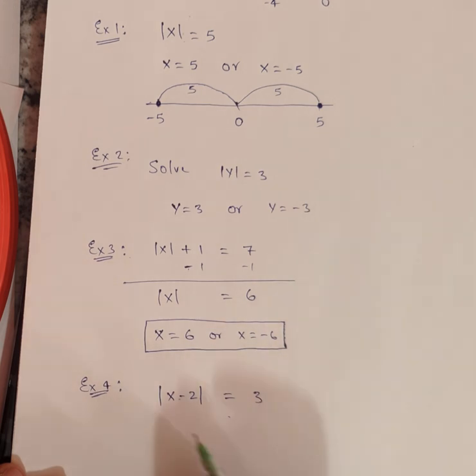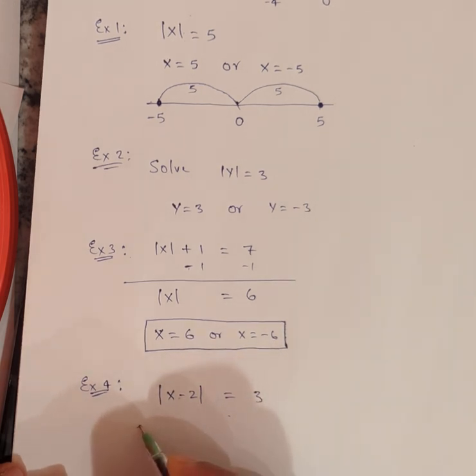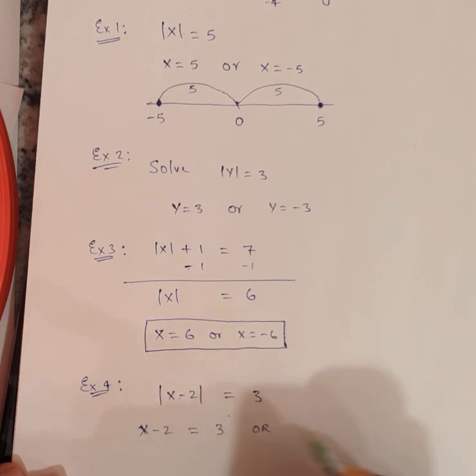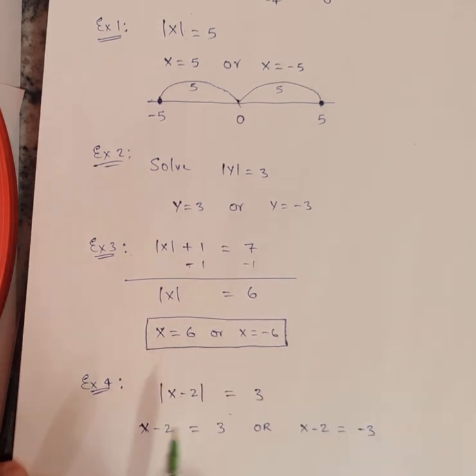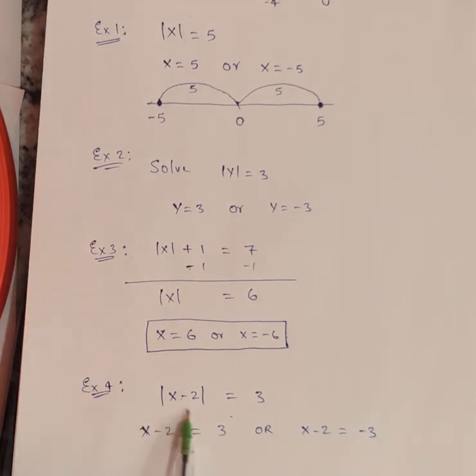So there is similarity between this problem and examples 1 and 2 because you have just the absolute value. So the first step is to write down x minus 2 is equal to 3 or x minus 2 is equal to negative 3. So anytime you have an expression within the absolute value equal to some positive number, then you get two separate equations. So be sure to write two equations. And now you got to solve both of these problems.